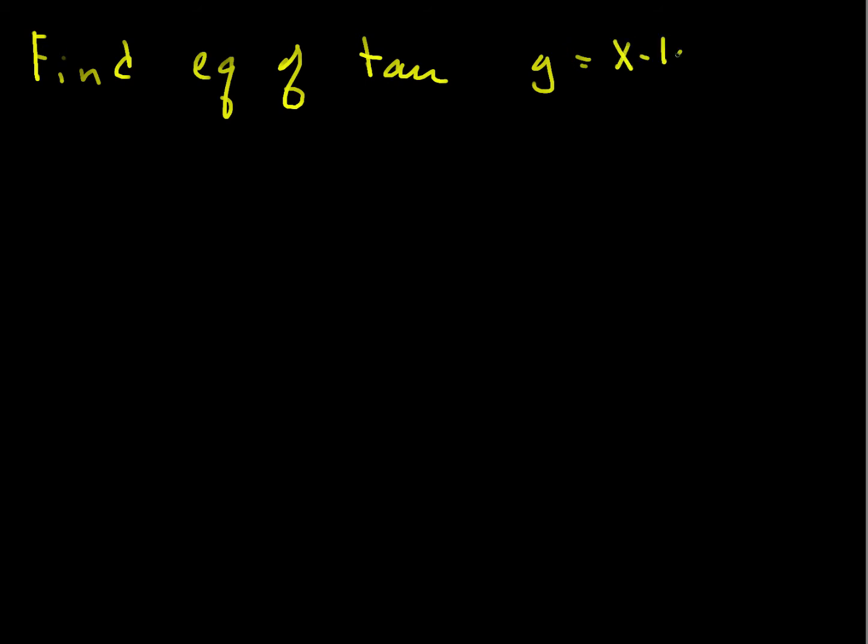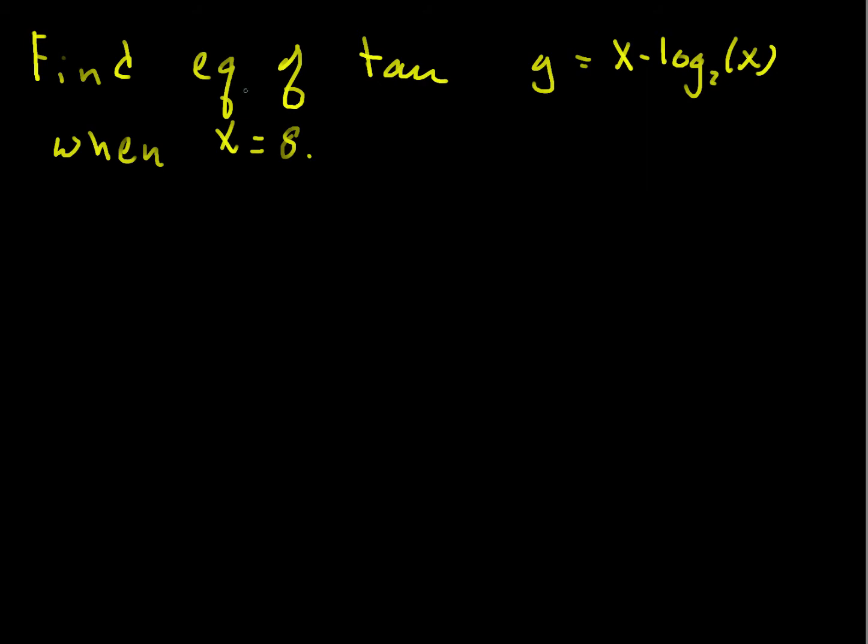One last example in which I want to use transcendental functions to find the equation of the tangent line. So let's find the equation of the tangent line to y equals x minus log base 2 of x, where x equals 8.